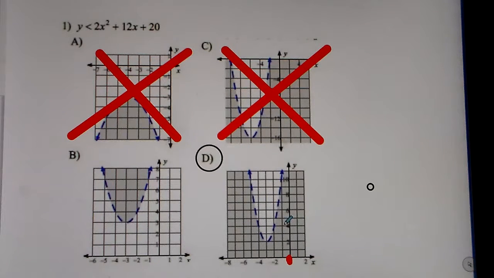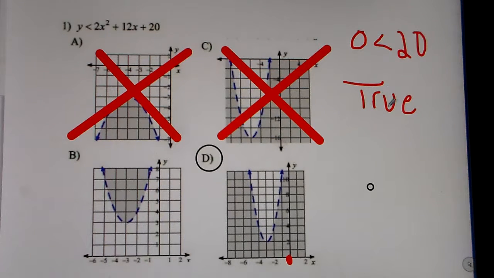Notice in option D, it's in the shaded region, which tells us the truth. We're going to put in 0 into this equation, in for x and in for y. So we want to ask ourselves, when we put it in, 0 is less than 2 times 0 squared. Well, that's 0. Plus 12 times 0 is 0. Is 0 less than 20? Well, we know that's a true statement.